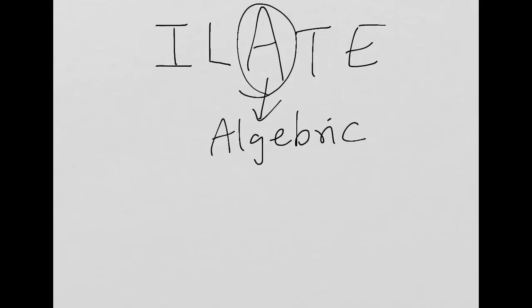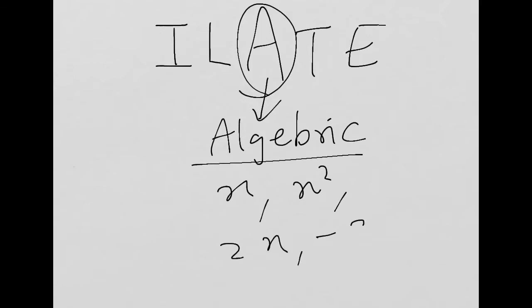Example: x square, 2x minus 3 by 2, x power minus 1. These are all examples of algebraic functions.